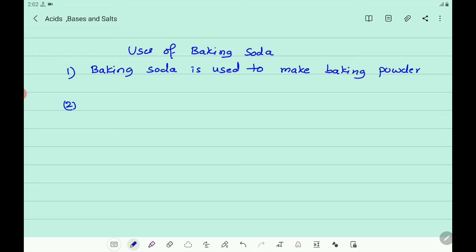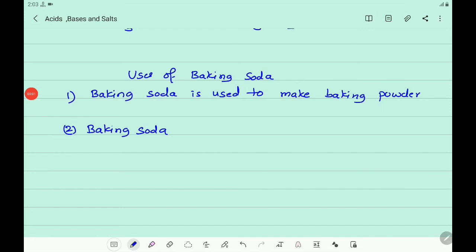This sodium hydrogen carbonate is used as an ingredient in antacids. So you write baking soda. There may be a question in the exam, what are the uses of baking soda or what are the uses of sodium hydrogen carbonate.